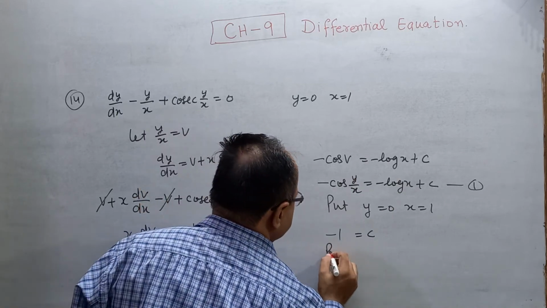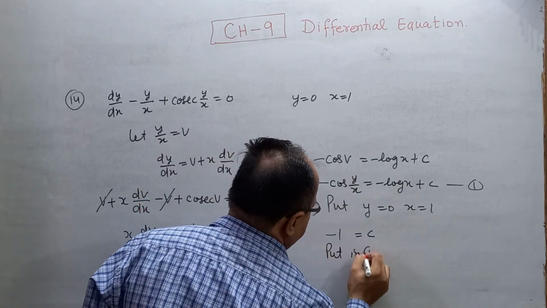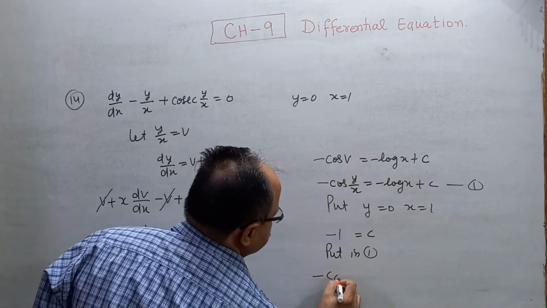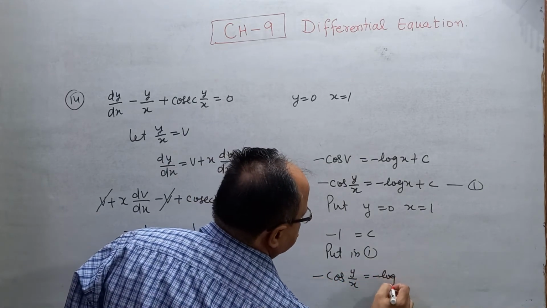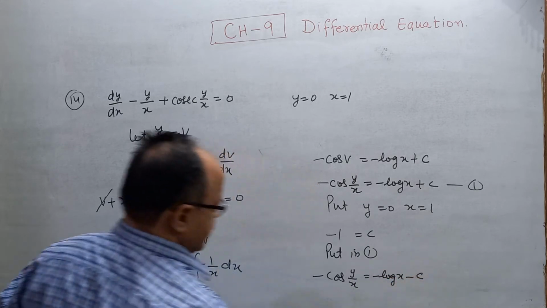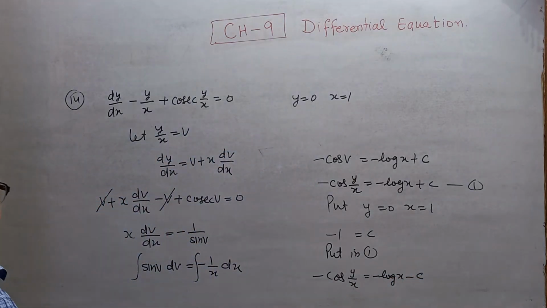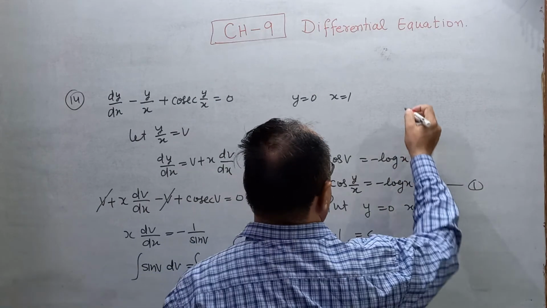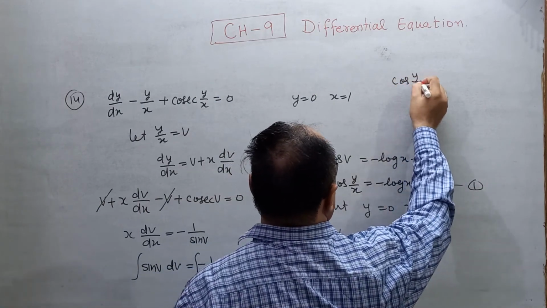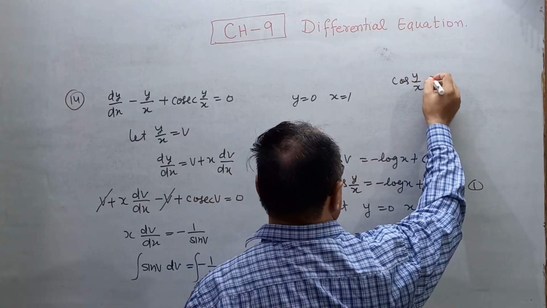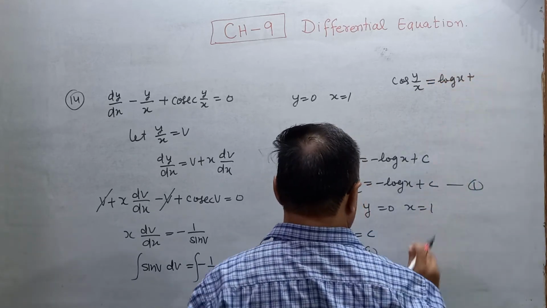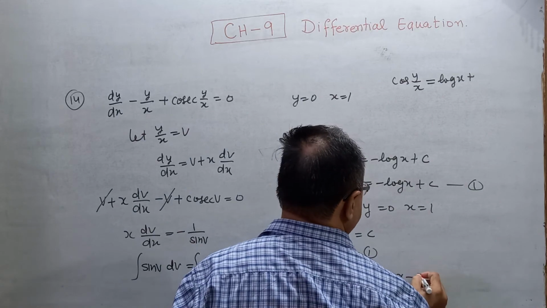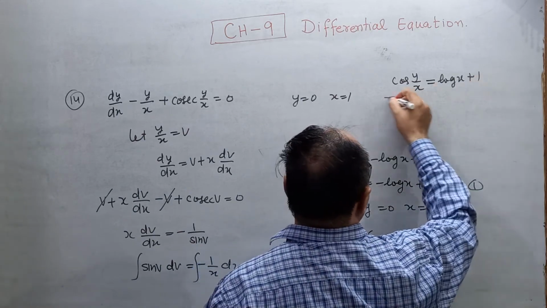Put it in the first equation. Therefore, minus cos y by x is equal to minus log x minus c. Multiplying both sides by minus, that is the answer: cos y by x is equal to log x plus the value of c, minus 1.